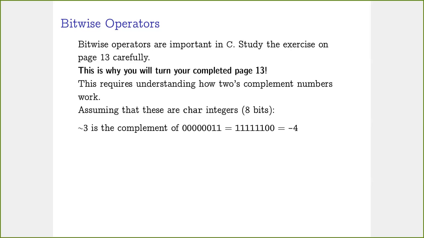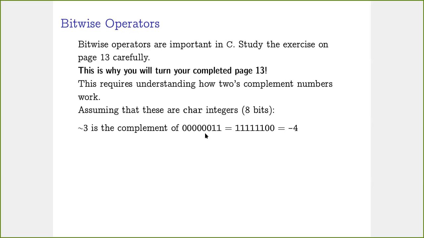Let's look at some of these bitwise operators. Tilde 3 is the complement of 3. To understand how this works, we have to write the number 3 out in binary. We have 8 bits, so you can see that only the far right, the 1's place and the 2's place are set, so this is 3.